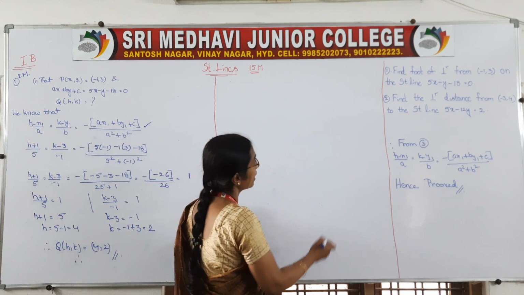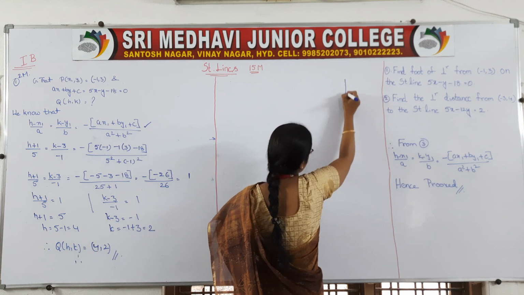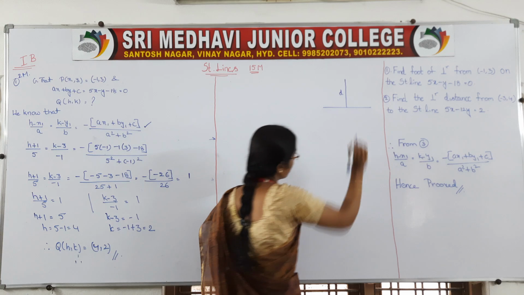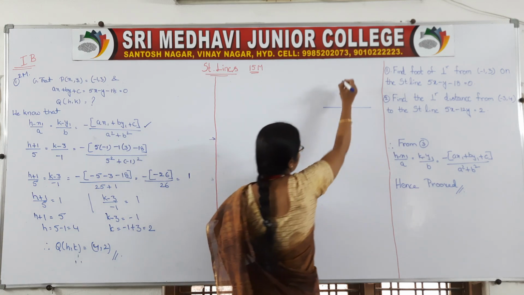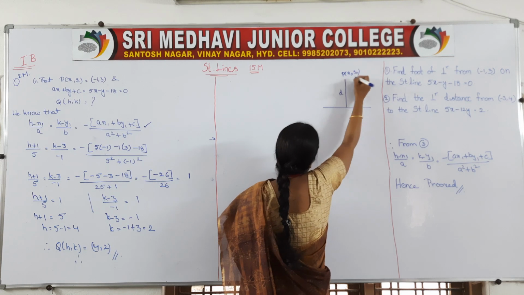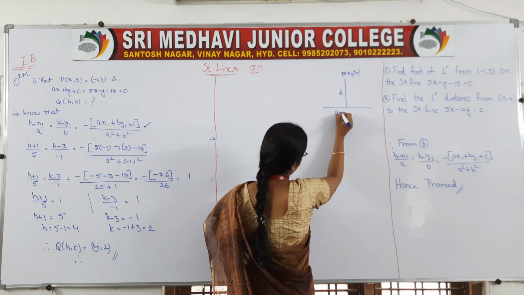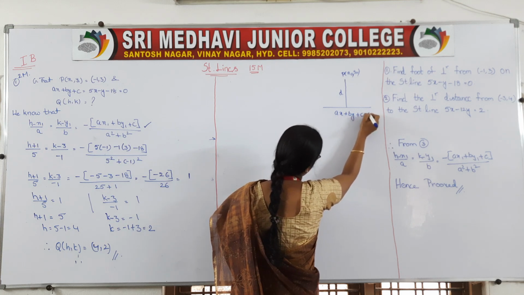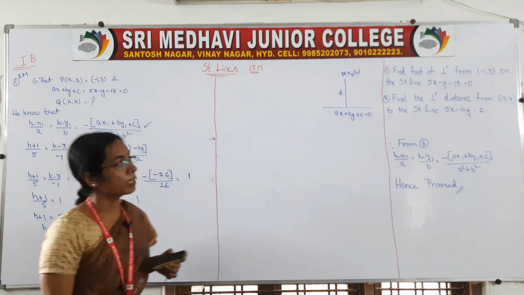So, how will we find the perpendicular distance from a line? Suppose this is the line. This is your perpendicular distance. From P x naught y naught, we have to take the perpendicular distance to the line ax plus by plus c is equal to 0.